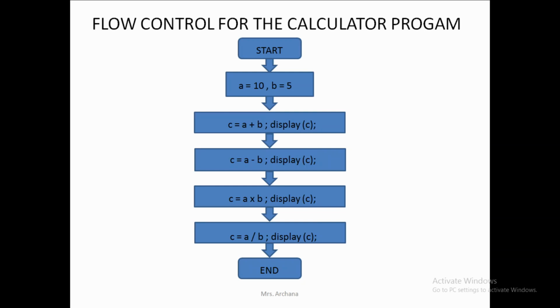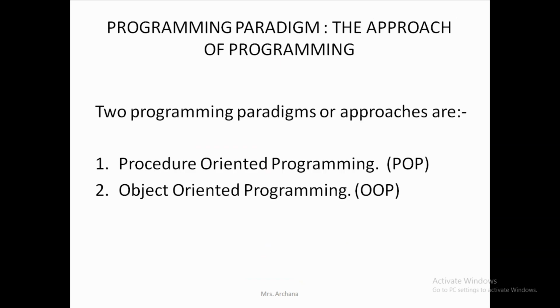See here, this is a pictorial diagram, and this is the start, then these are the variables we have stored, these are the several operations we have done and we have displayed the result, and this is the end of the flow control.